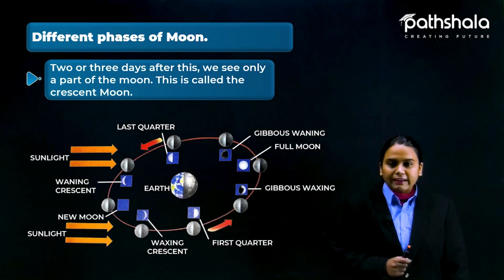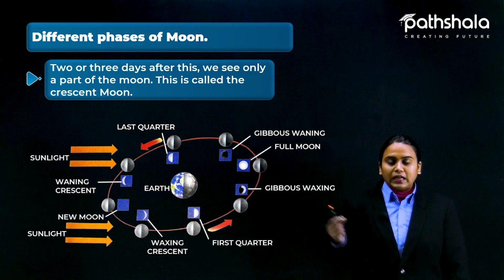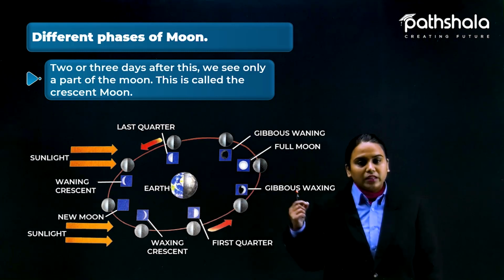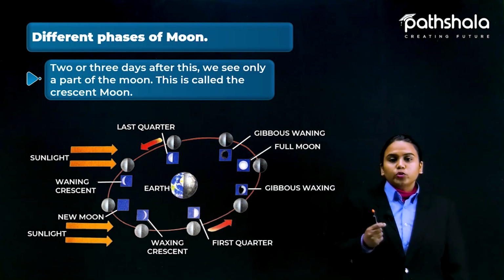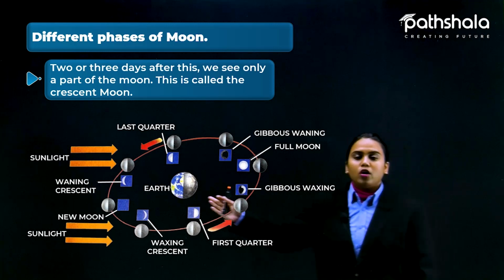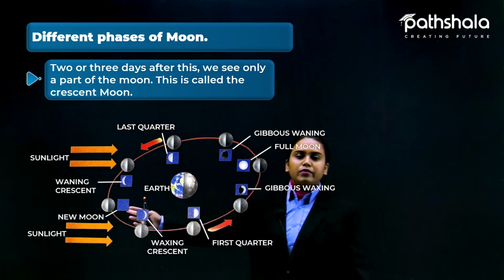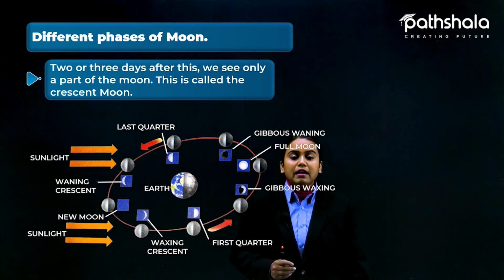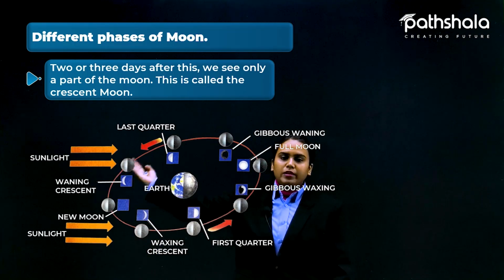Here is the diagram of the Earth and the moon that is rotating and revolving around the Earth. Two or three days after Amavasya, that is called new moon. Here we have the new moon, and these orange lines represent the sunlight coming from this side.